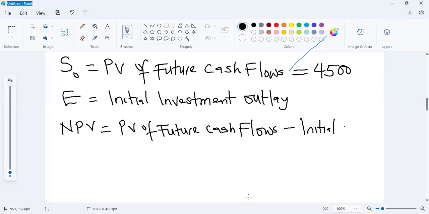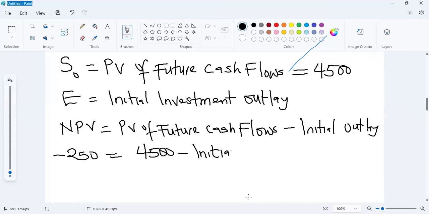Our NPV is giving us negative 250 is equal to present value of future cash flow is giving us 4,500 minus initial outlay.